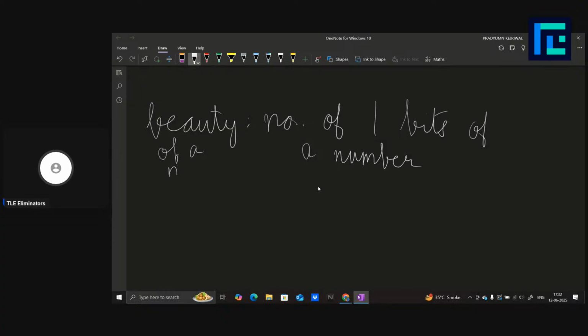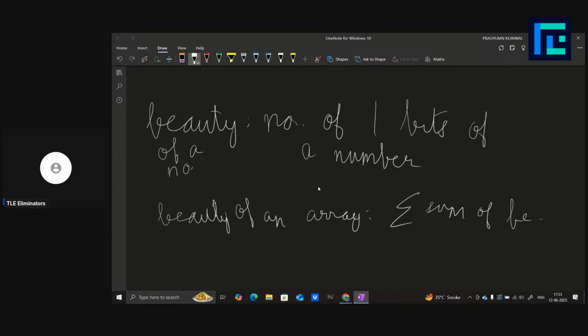Beauty of a number is the number of 1 bits in that number. And they've defined beauty of an array as the sum of beauties of the numbers, right?